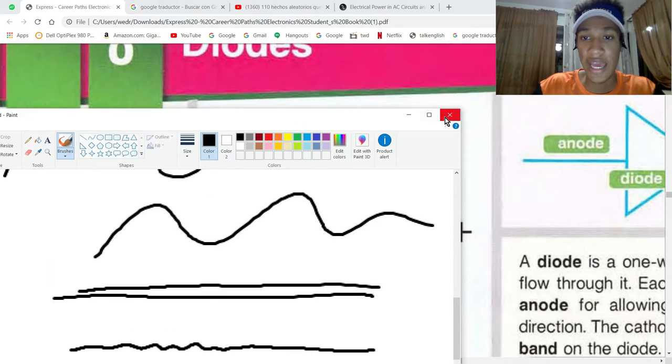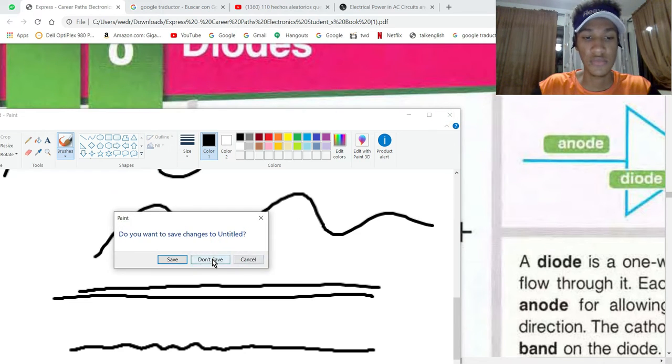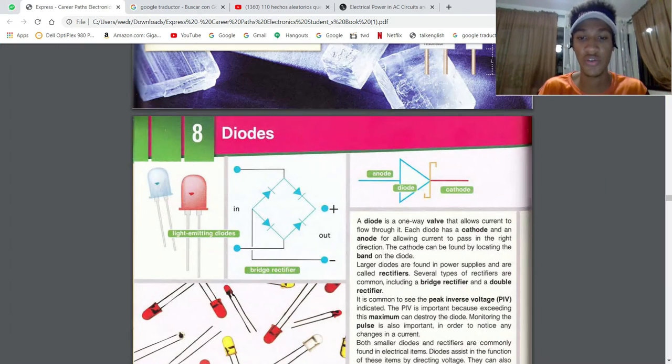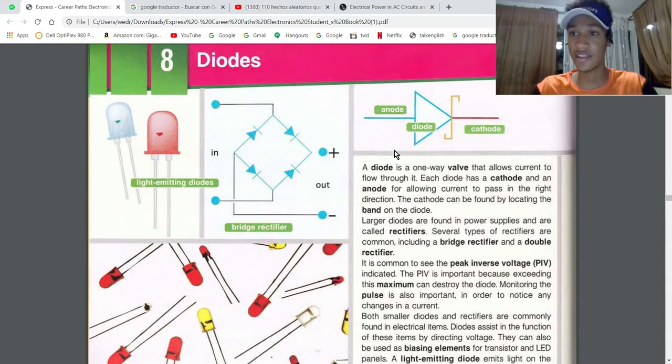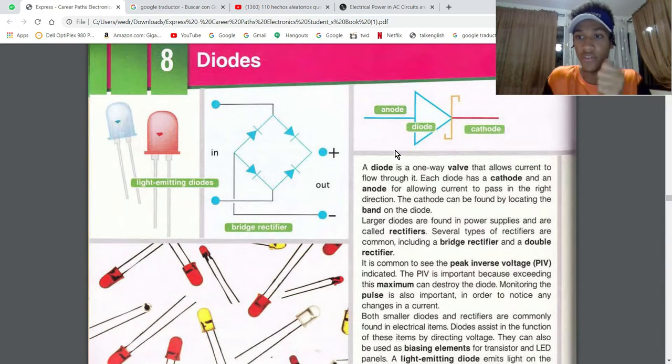So in electronics, the diode is very important because you can protect the components when you put the positive and negative.